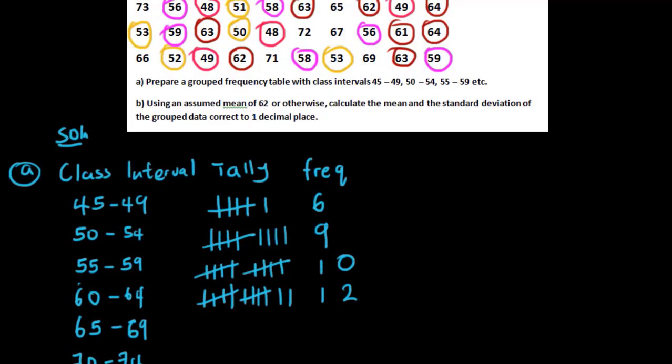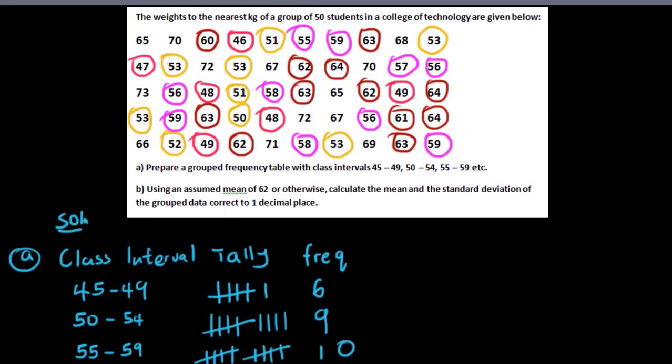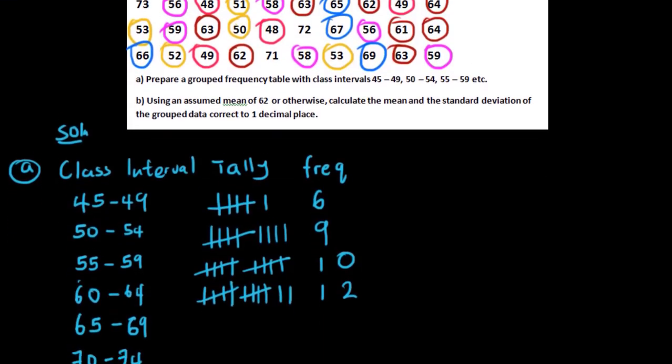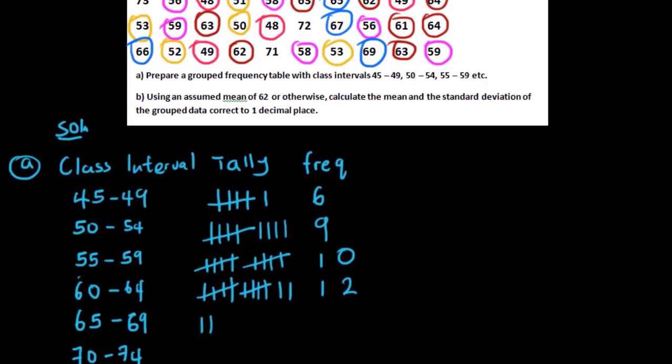So the next is 65 to 69. Let's do 65 to 69. We have 1, 2, 3, 4, 5, 6, and then 7. So we've got 7. So we should be writing 1, 2, 3, 4, 5, 6, 7.